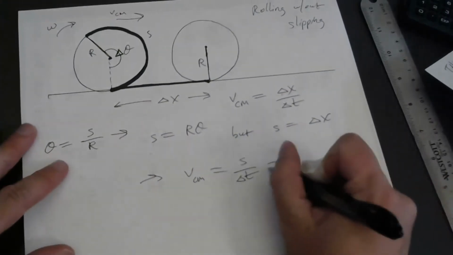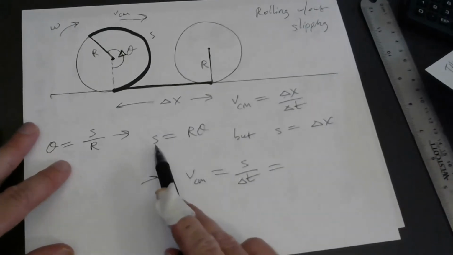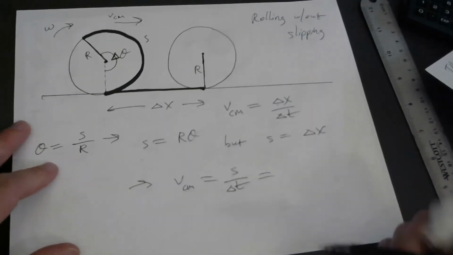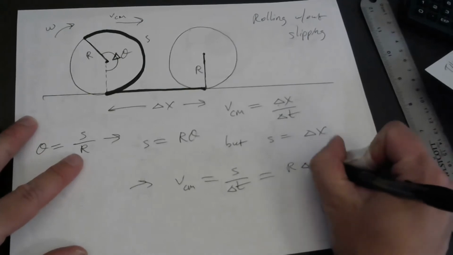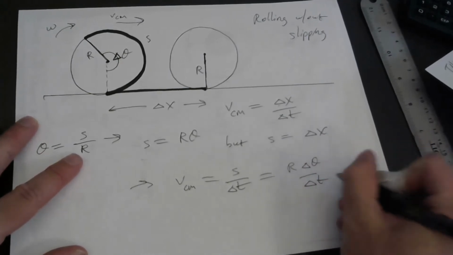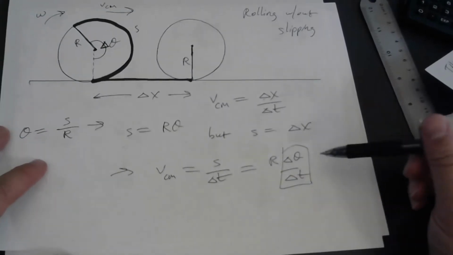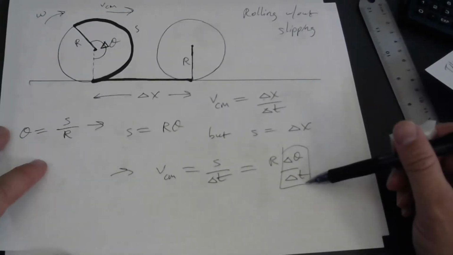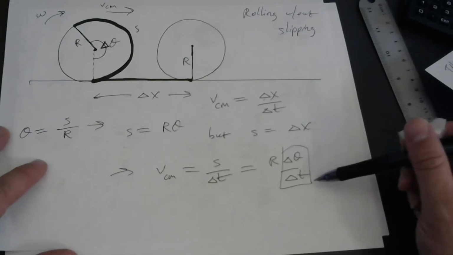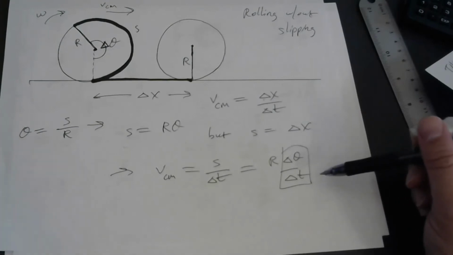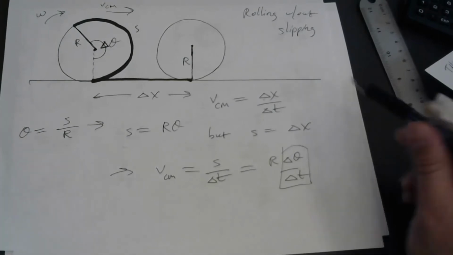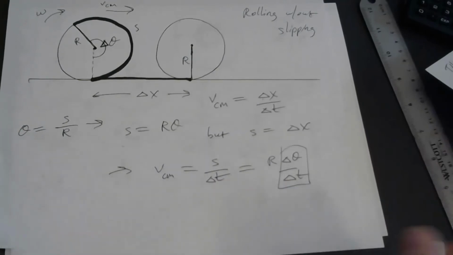So now, instead of s, I can write R delta theta. And maybe you see now why I chose to go with delta, because now it's easier to recognize change in angle over change in time. We're talking about radians per second. Oh, I shouldn't say revolutions per minute, because we have to use SI units in order for this to be valid. This is omega.